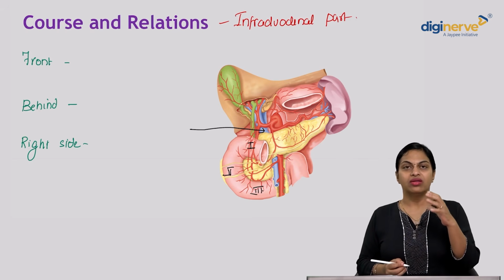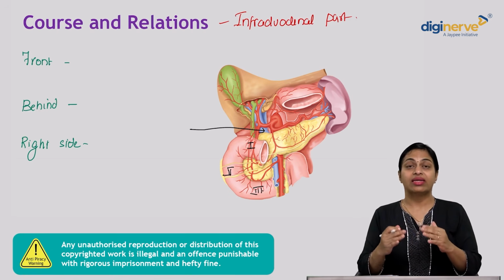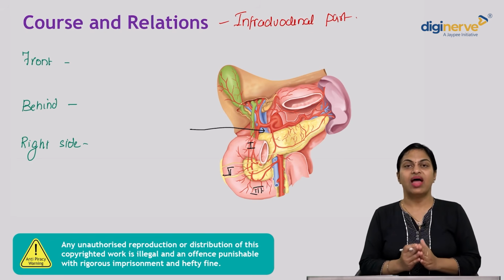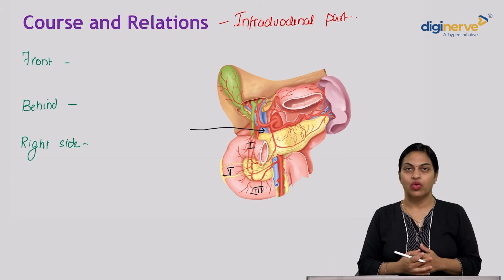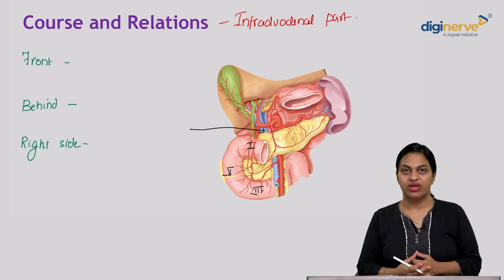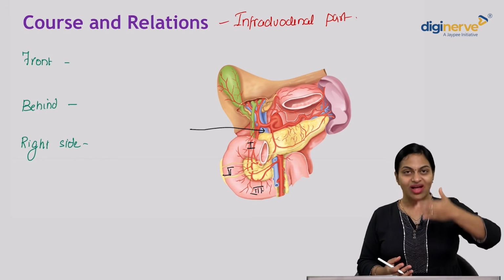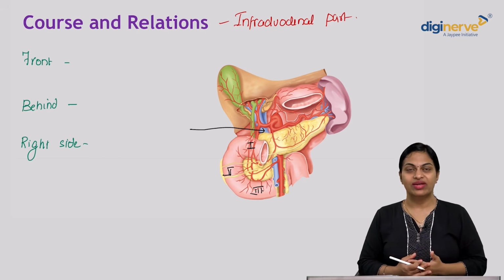So the initial part of the portal vein which is formed lies below the first part of the duodenum. And as it ascends, it goes behind the first part of the duodenum. And then we can see it along the right free margin of the lesser omentum. So its course can be divided into infraduodenal, retroduodenal and supraduodenal.